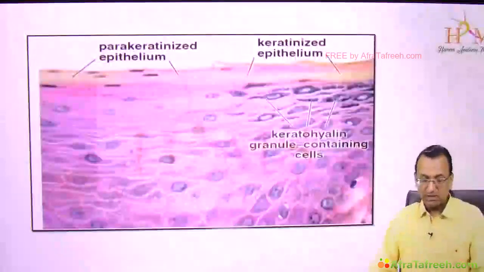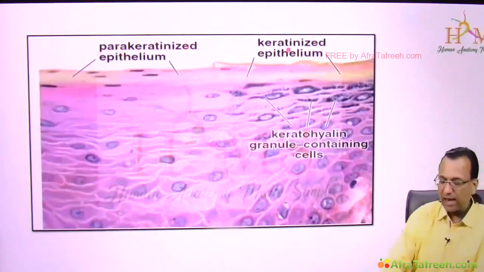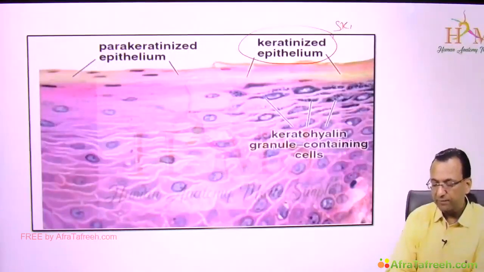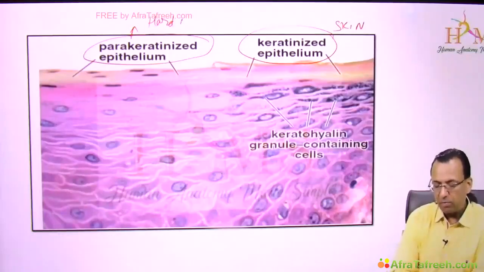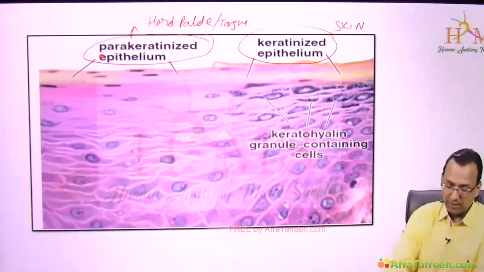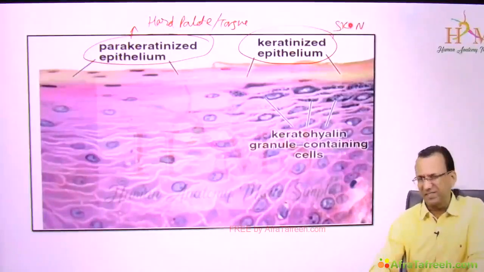At this moment, I just want you to understand the difference between parakeratinization and the actual keratinization. The actual keratinization you can find on the skin, and parakeratinization you can find on the hard palate, or maybe on the tongue also in the oral cavity. So in the oral cavity, hard palate and tongue have parakeratinization, but in the skin you have keratinization. What is the difference? Simple.